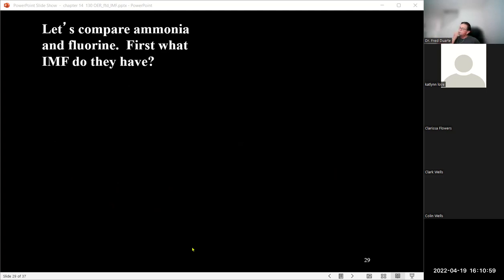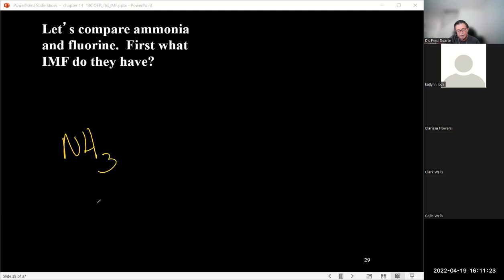Well, here we're going to do a compare and contrast. Like I stated before, we can't do absolute comparisons, but we can do relative comparisons. Before we do this, we've got to know the formula. From the formula, we can determine the polarity of the molecule. So let's write ammonia. Ammonia is something we talked about at length.